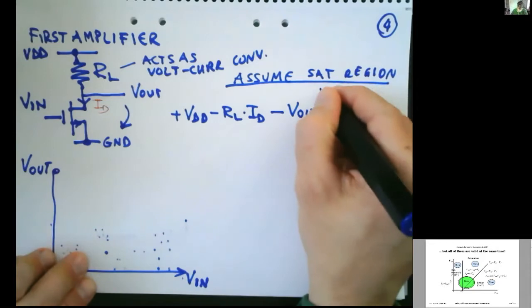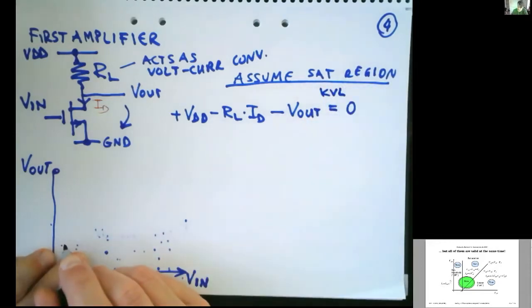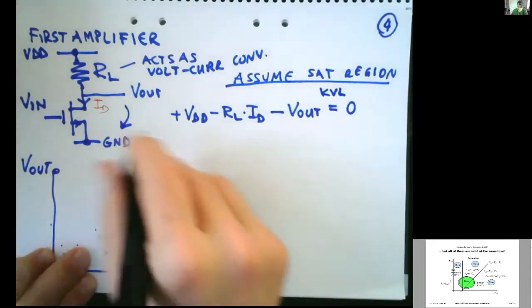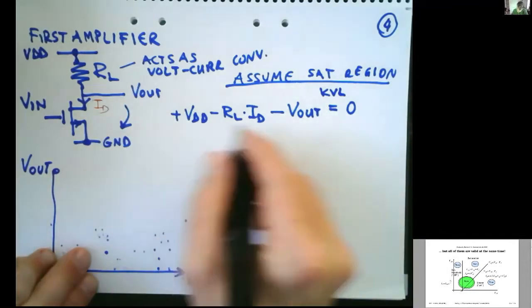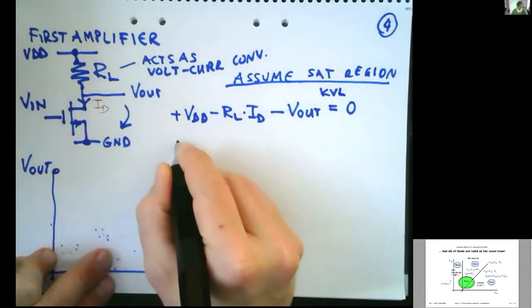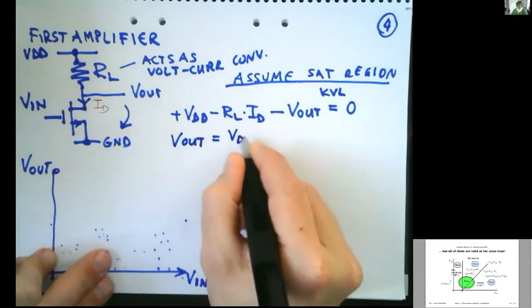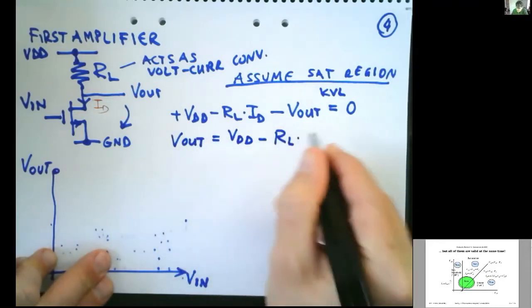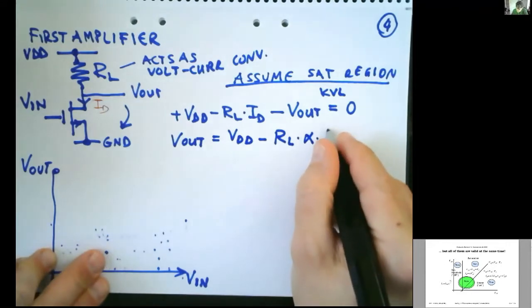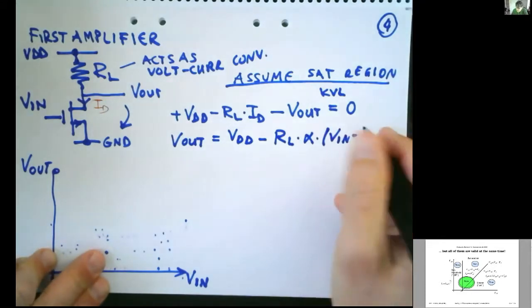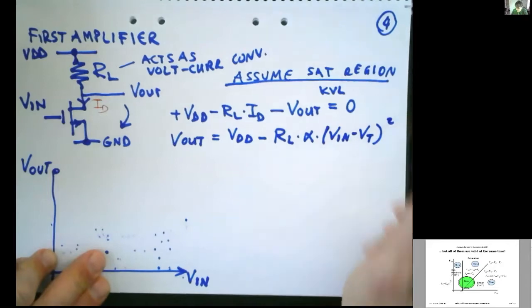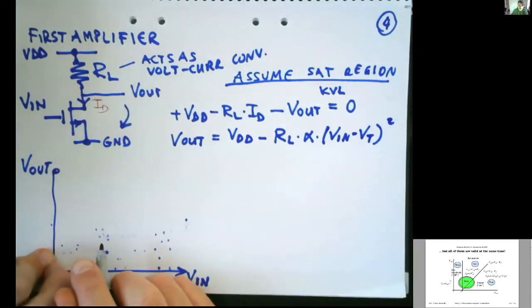KVL. And ID we have an expression for from the previous page. So let's reorder this. V out is equal to VDD minus RL times alpha times V in minus VT squared.